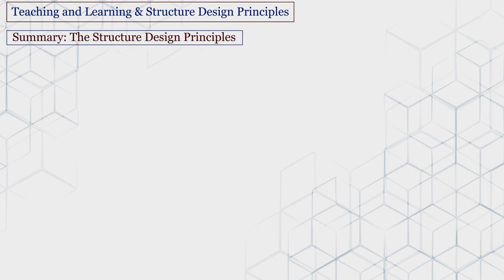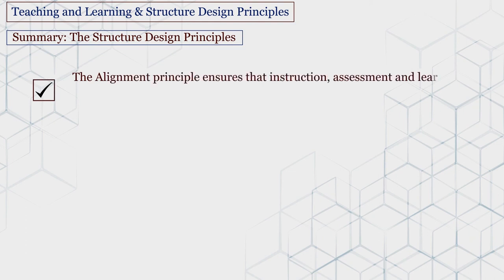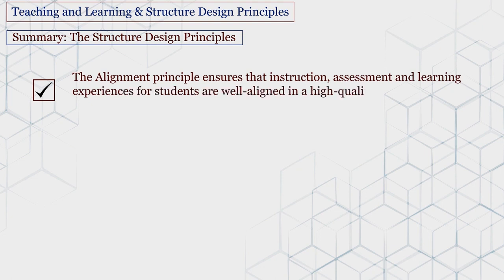Next, the structure design principles emphasize three aspects: alignment, consistency, and transparency. The alignment principle ensures that instruction, assessments, and learning experiences for students are well aligned in a high-quality, competency-based school system.